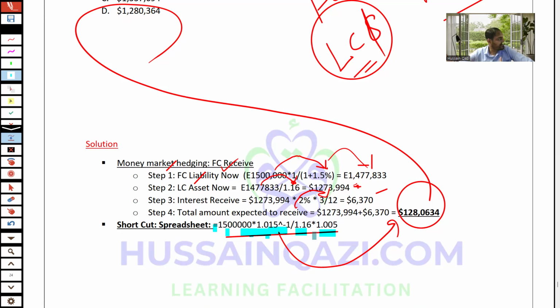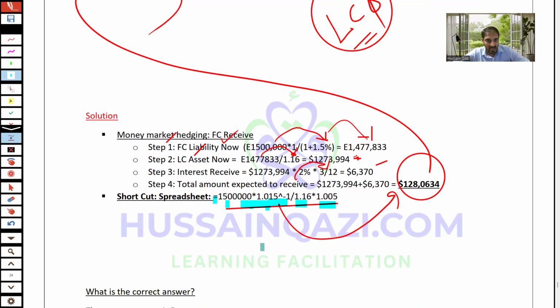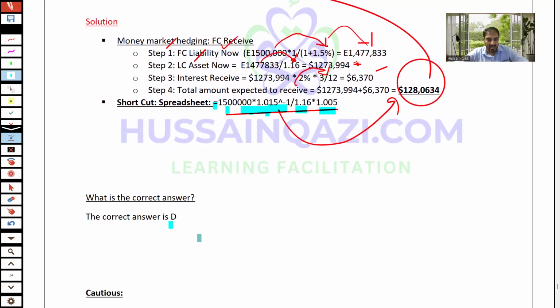But whenever you face section A and B type questions, it's not possible to refer to the spreadsheet. You can work out directly with the calculator accordingly. Don't worry about that. But make sure your answer is correct. If you use the shortcut on the calculator as well, you can apply it. But cross check, it's very important. Okay, so answer is D.